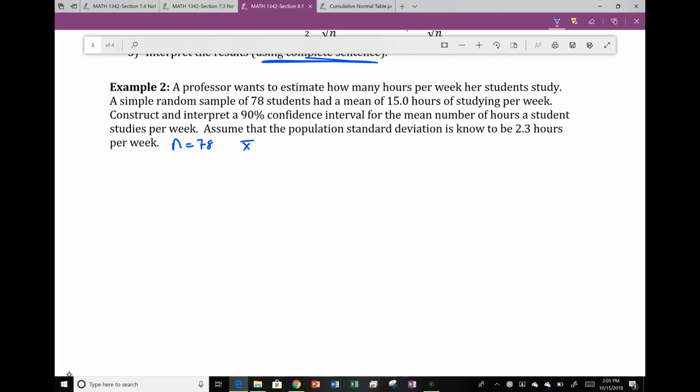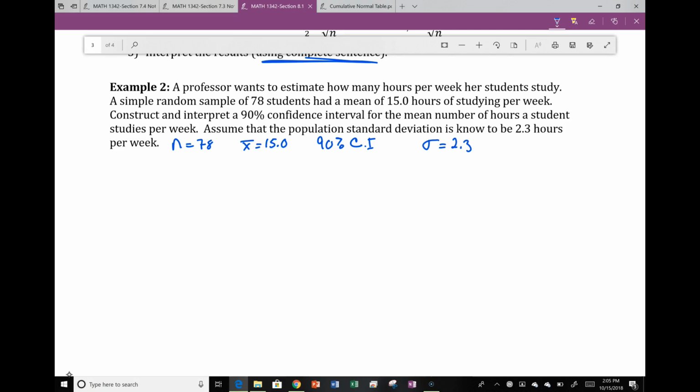So their mean for this sample was 15.0 hours of studying per week. We want to construct and interpret a 90% confidence interval for the mean number of hours a student studies per week. We want to assume that the population standard deviation, sigma, is 2.3 hours per week.